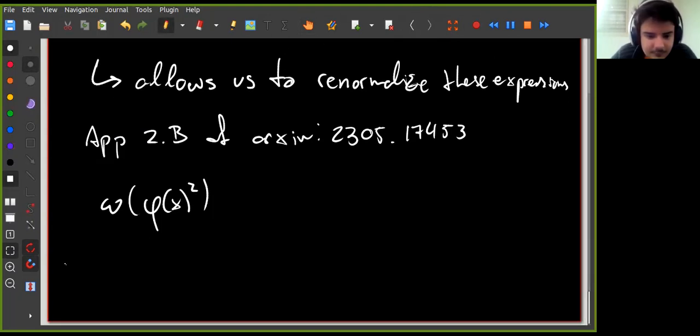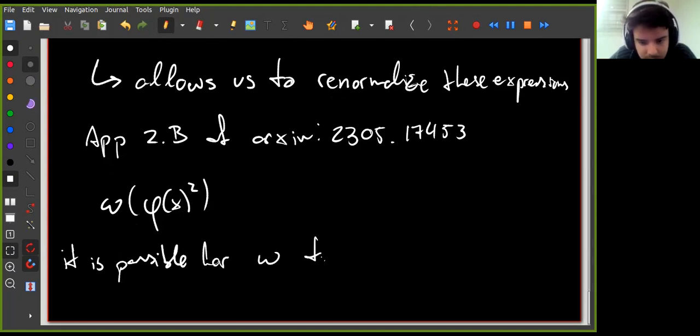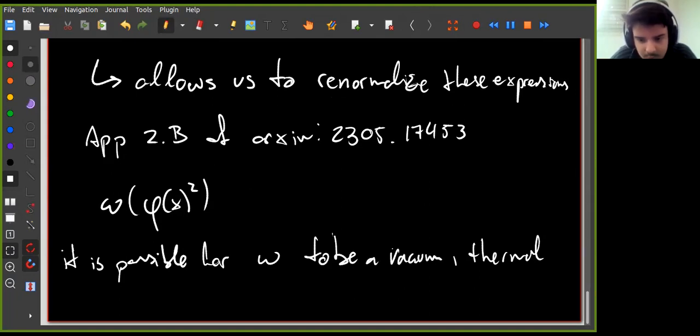So it is possible for omega to be Gaussian, a thermal vacuum, and Hadamard.